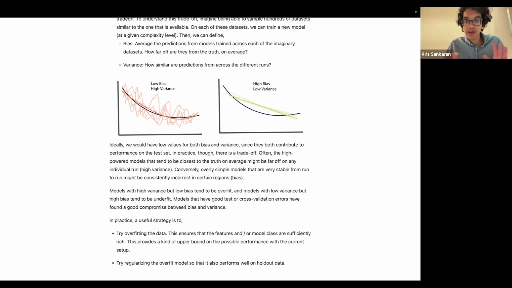Okay. And just a final practical tidbit that I would give is I think it's often useful to first overfit the data. Because when you overfit the data, it tells you you have enough information in your data set to have a chance of making the prediction. If you can't even overfit the data, then you might need to gather better features or better data.